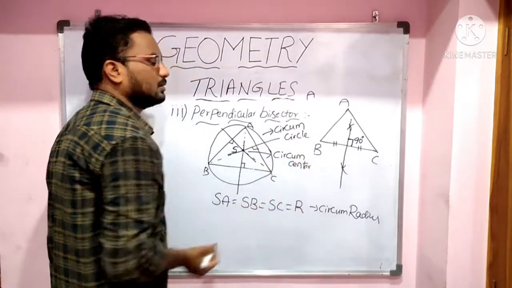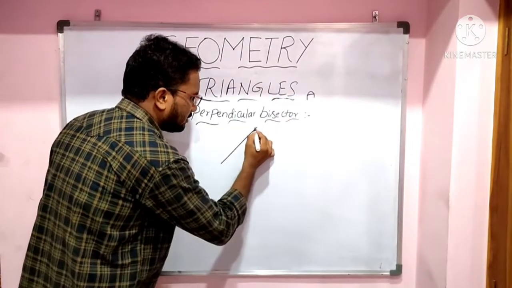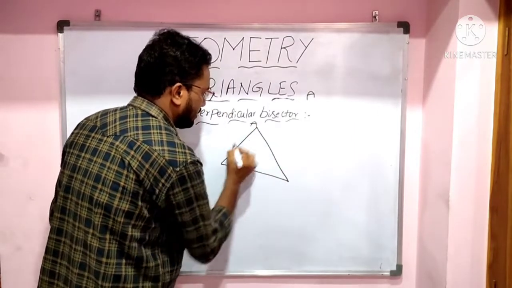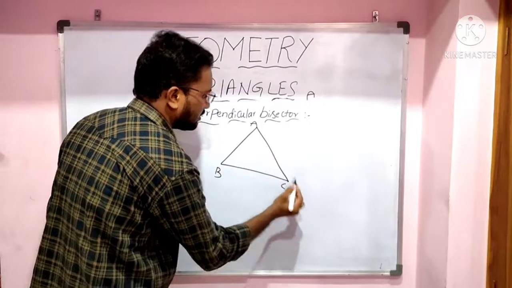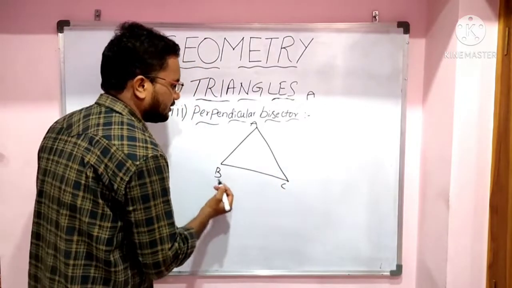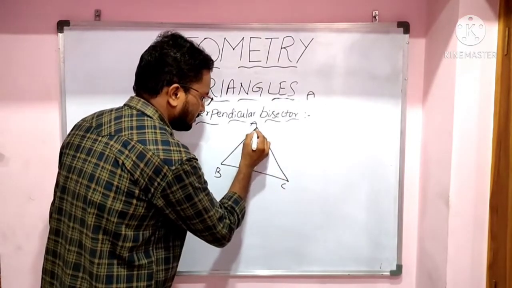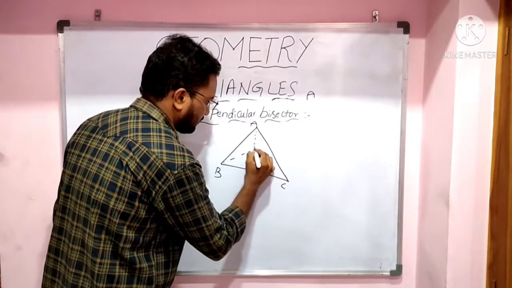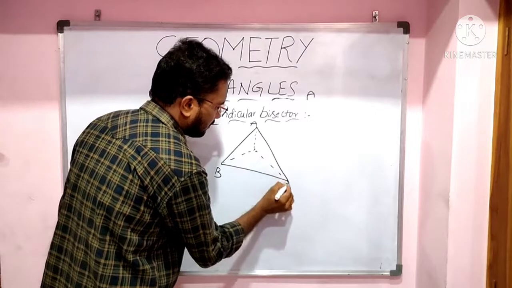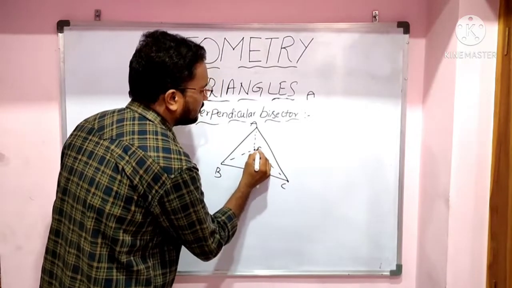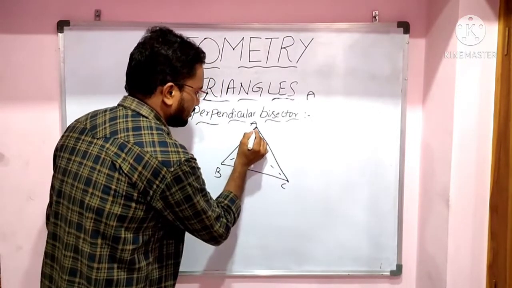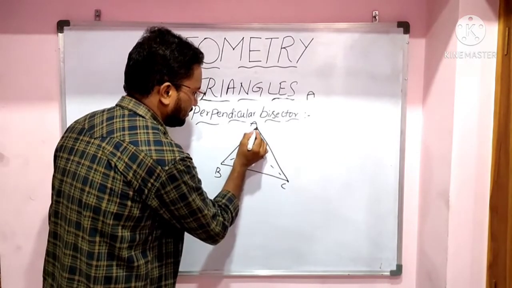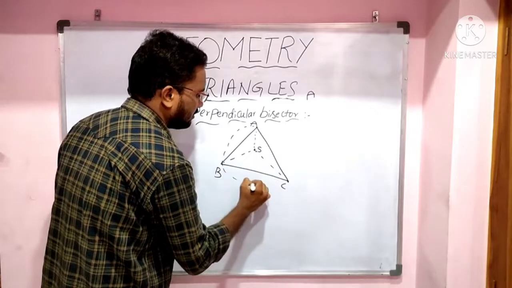Okay, let's take a triangle A, B, C. This is the circumcenter, and with SA or SB or SC as radius we will draw a circle.